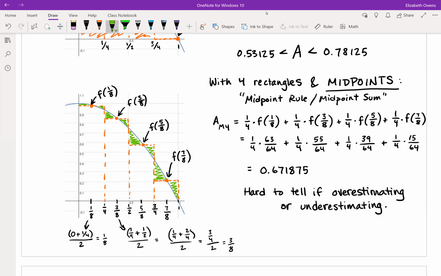So it's kind of interesting. And you can see that the overestimating pieces and the underestimating pieces are fairly similar in size. And actually, this does turn out to be a pretty darn close estimate for the area underneath that parabola.